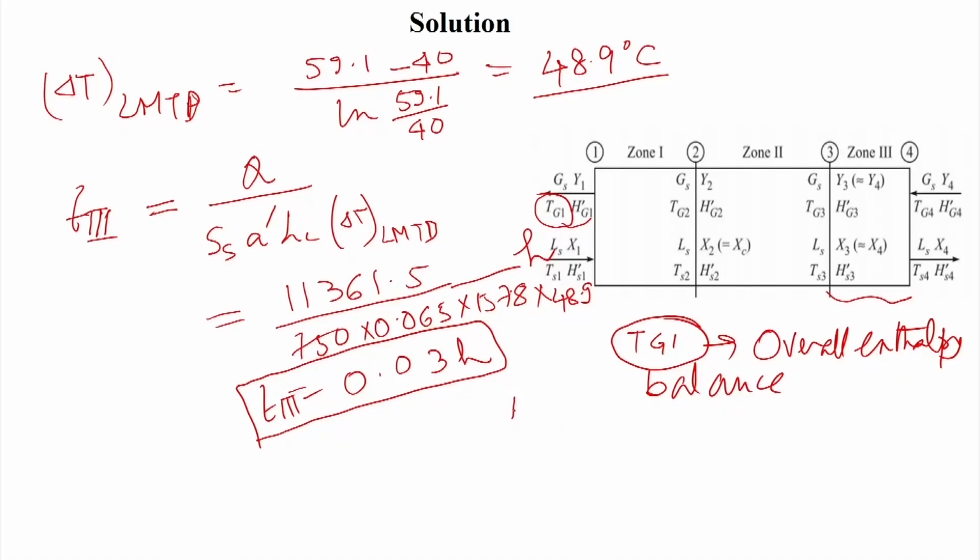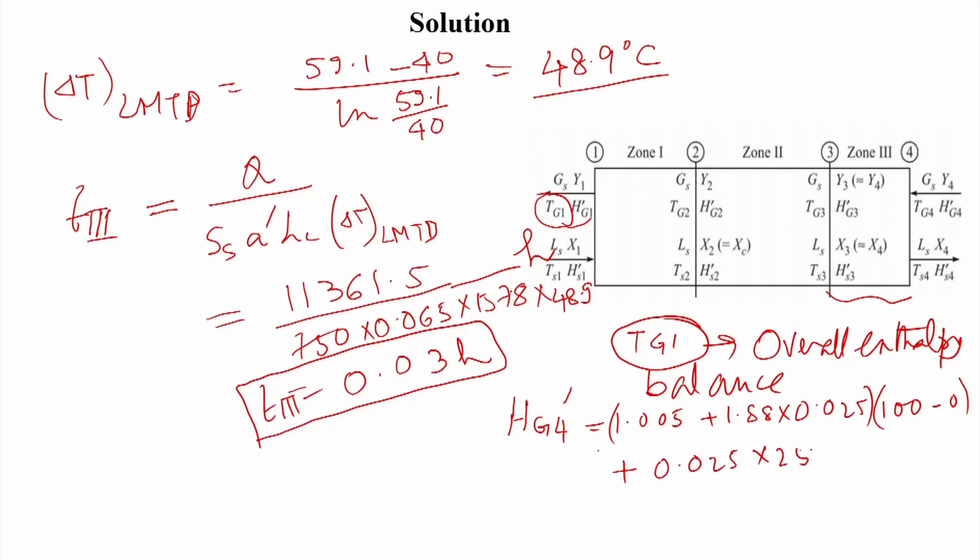Before that, we need to get this one. We have already derived the enthalpy values for gases and the enthalpy values for solids. For Hg4 prime, that will be 1.005 plus 1.88 into y prime, that is 0.025, into the temperature difference, 100 minus T0, plus y prime 0.025 into 2500.